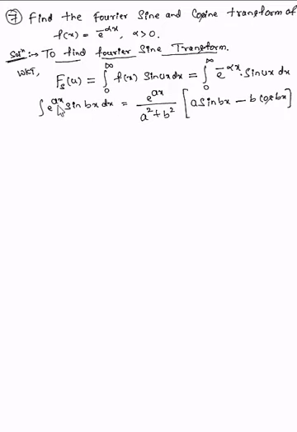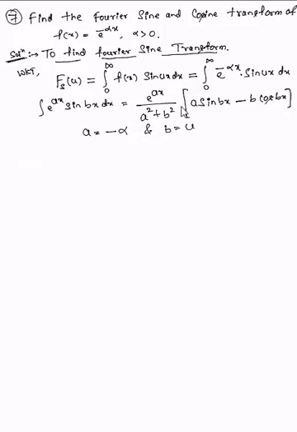So what is a here? Compare now. So a means minus alpha, and in place of b we have u. So I can write here a is nothing but minus alpha and b is nothing but u. So just substitute a and b in this.